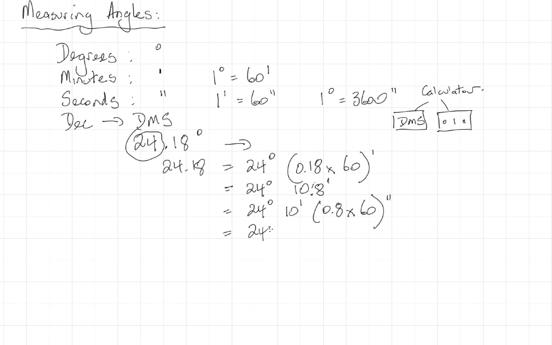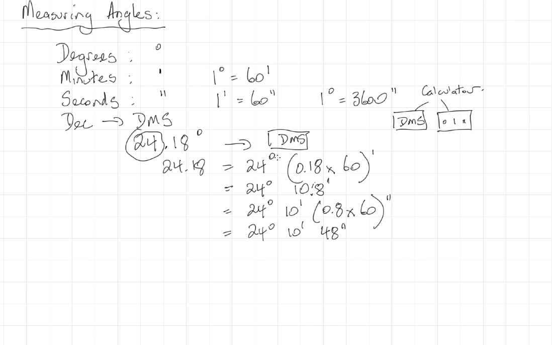And we'll get 24 degrees, 10 minutes, and 48 seconds. Okay, so if your calculator's got a degrees, minutes, seconds, either that button or that button, you just put 24.18, press DMS or that button, and you'll get 24 degrees, 10 minutes, 48 seconds.